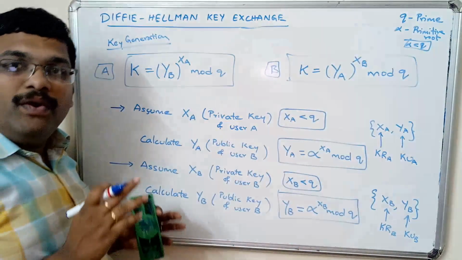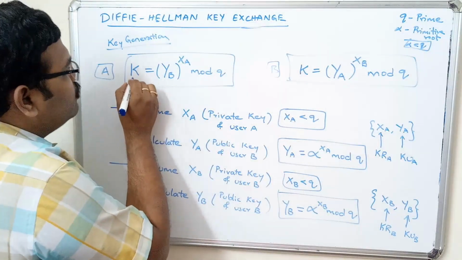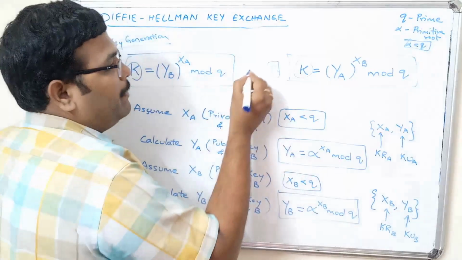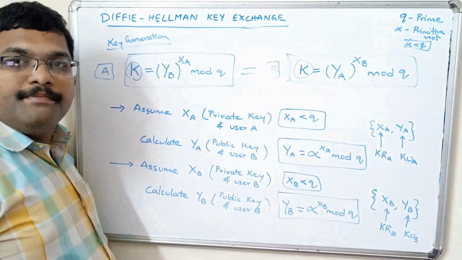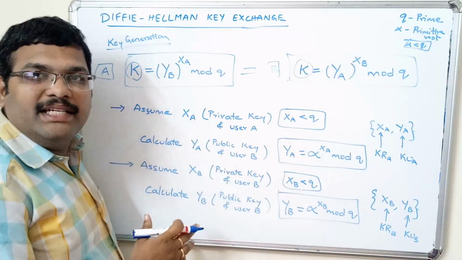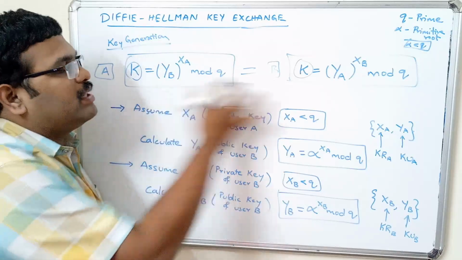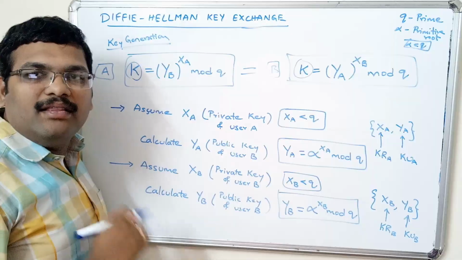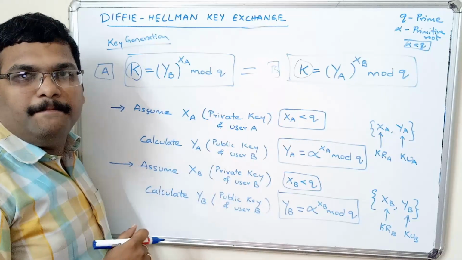So finally, the values of K at both user A and user B must be equal. After calculating all these things, we should get both the K values equal. Then only we can say the exchange is successful.